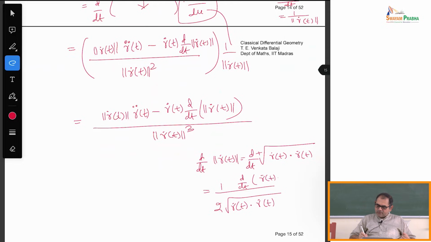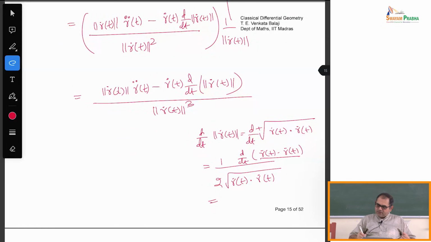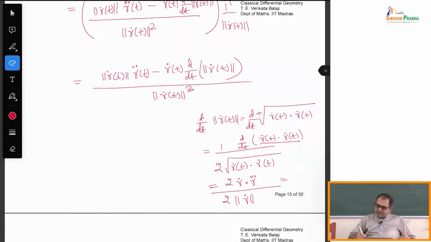If you apply the product rule, I'll get 2 gamma dot dot gamma double dot. So basically I get 2 gamma dot dot gamma double dot divided by 2, and the denominator is of course norm gamma dot. So at the end I will get gamma dot dot gamma double dot divided by norm gamma dot. This is what I get.